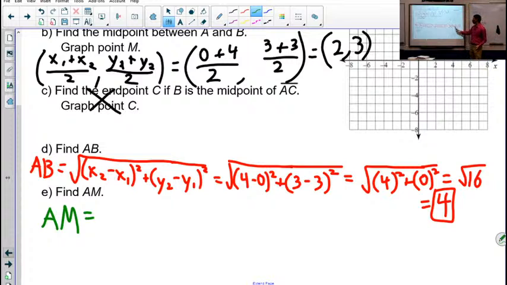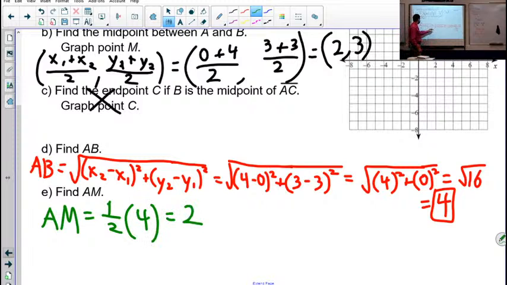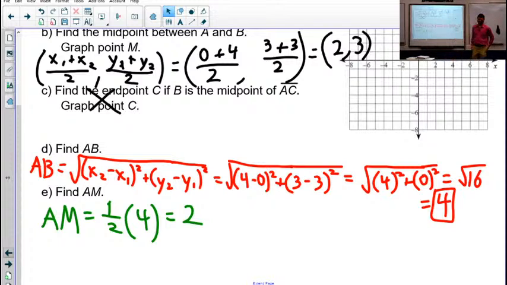So if I have A to B, the entire distance is 4, but then I only go up to the midpoint, well then, that should split my distance in half. So it should be half of 4, which is 2. Questions on that?